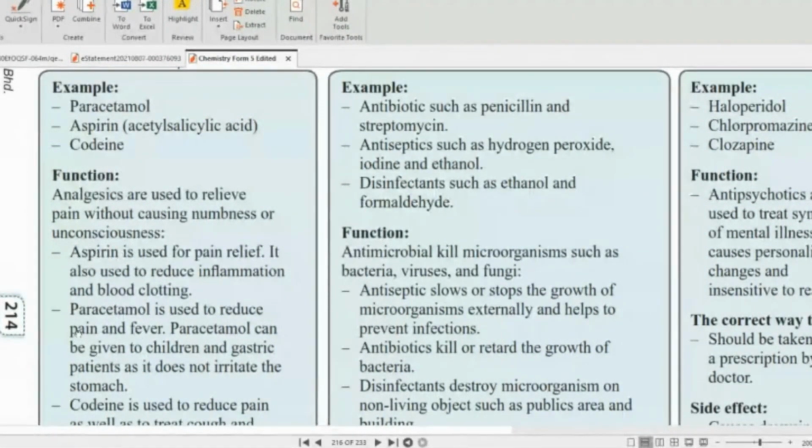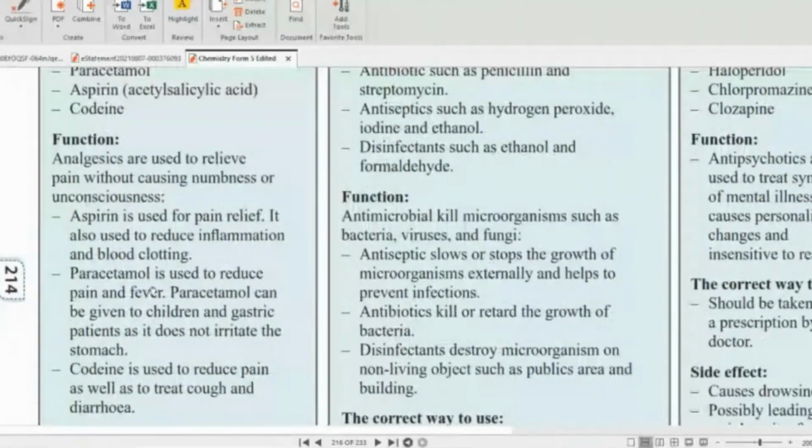Next one will be paracetamol. Paracetamol is used to reduce pain and fever. And this one, you highlight this. Paracetamol can be given to children and gastric patients, as it does not irritate the stomach. It is neutral. You write down it is neutral. And then children cannot take aspirin.